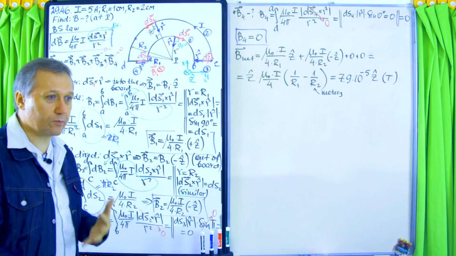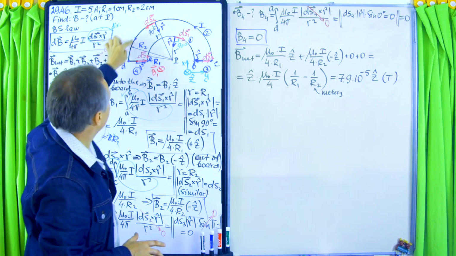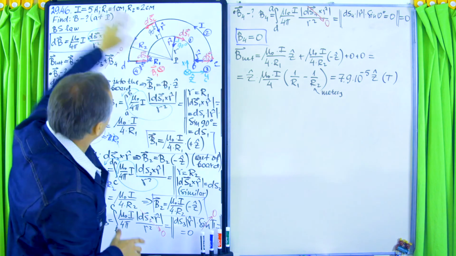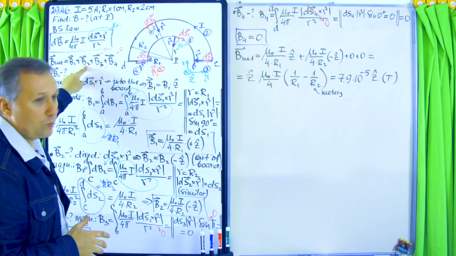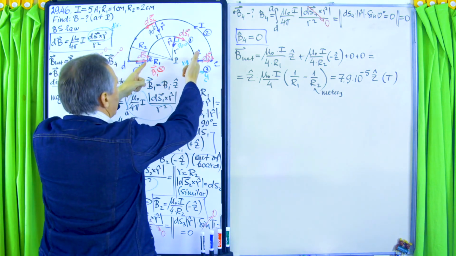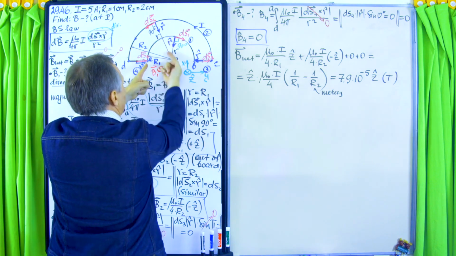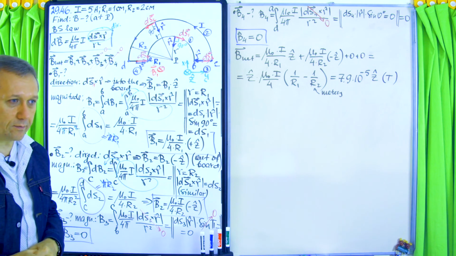So that's the problem. Again, it's kind of lengthy, but you're familiar with each of these steps which we applied. We just need to arrange them properly. And in your homework, semicircle number 2 will be moved to infinity. Pretty much the contribution from B2 will be 0. For B1, this section will be reduced to an arc subtended by an angle of 60 degrees.